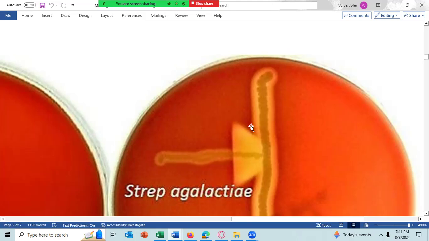And there, right there, we have a very enhanced CAMP reaction where there's enhanced hemolysis occurring around Streptococcus agalactiae near Staphylococcus aureus. And yes, the enhanced CAMP reaction usually takes the shape of an arrow. Any question about any of that?